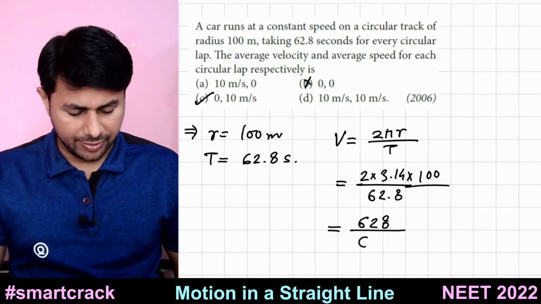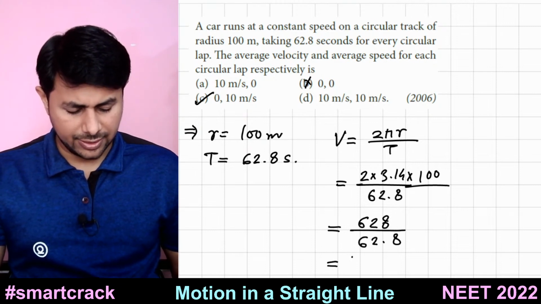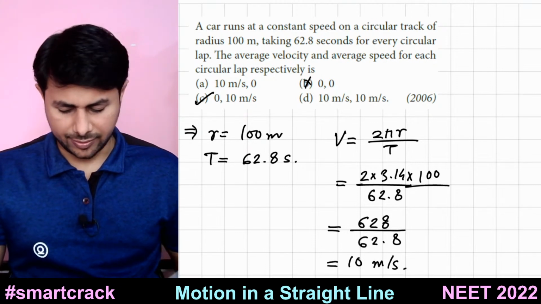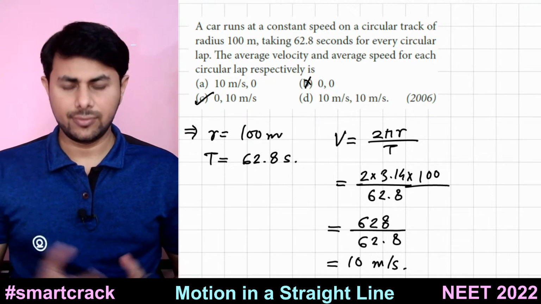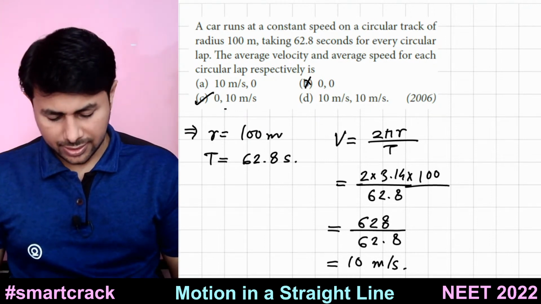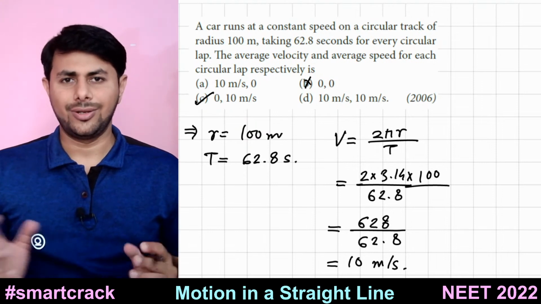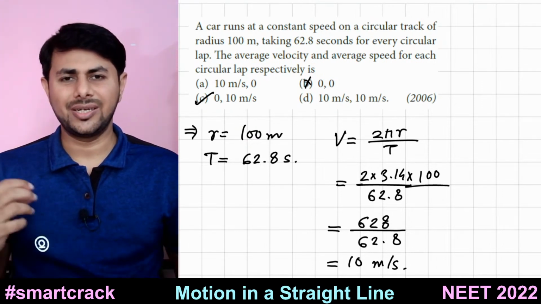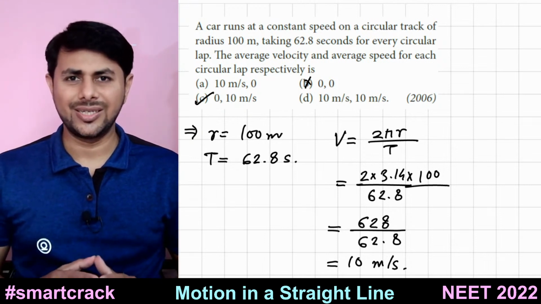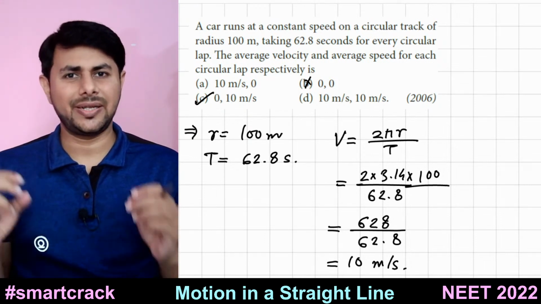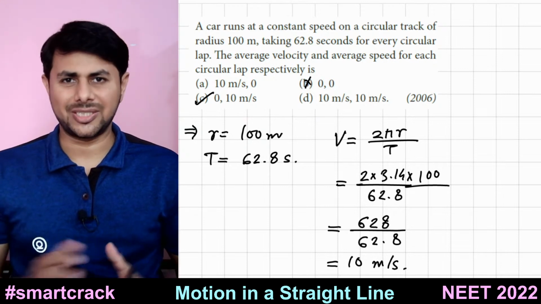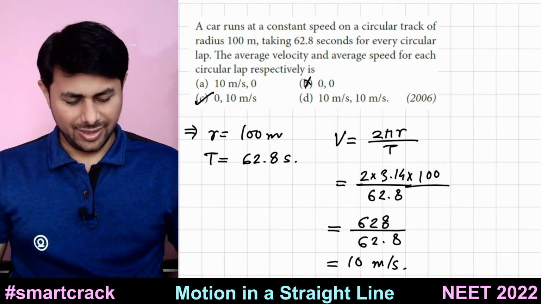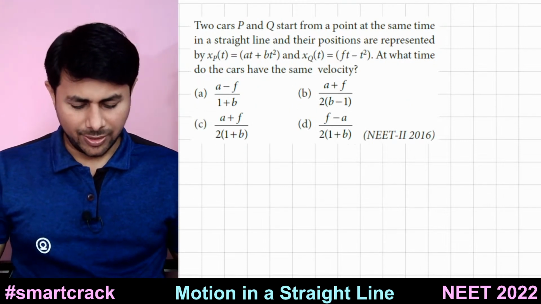So 628 divided by 62.8 is 10 meters per second. Alright, so again it matches with option C. If there is a question like this, we need not even solve it. The average speed cannot be equal to 0. It is common sense, right? Okay, let's move on to the next problem.